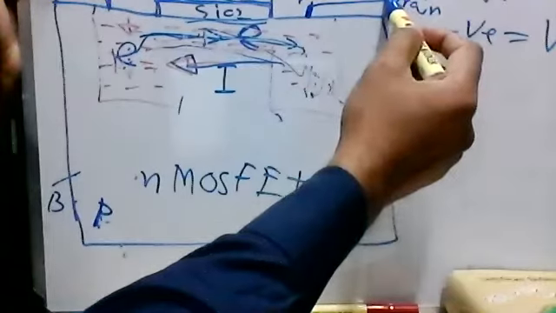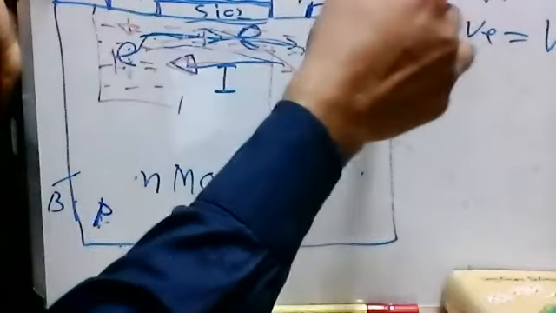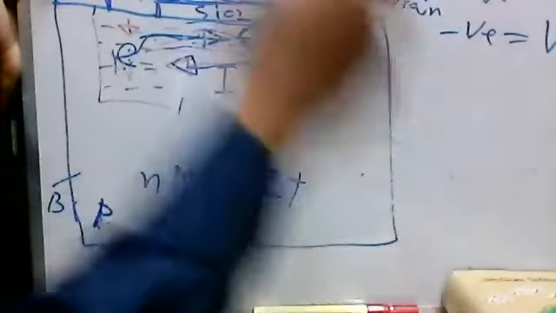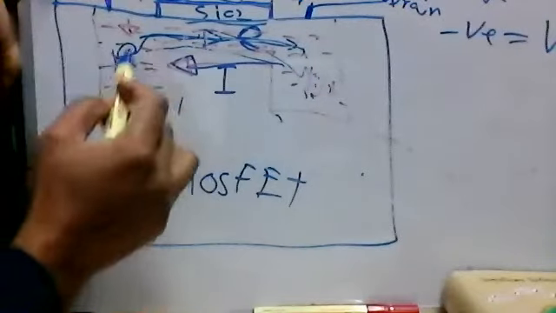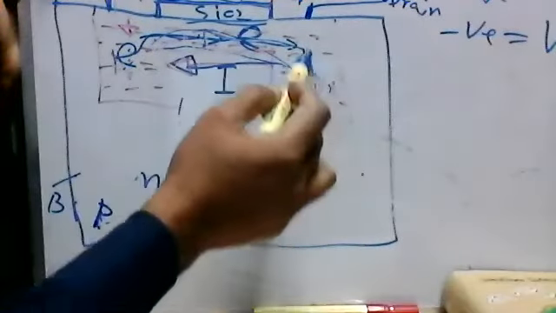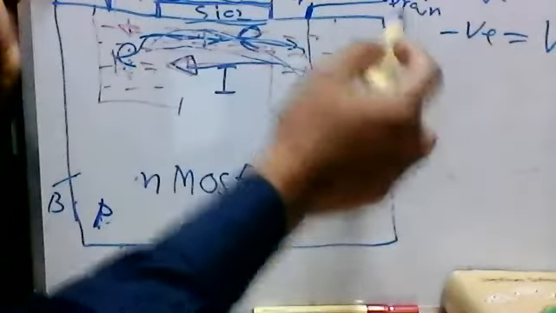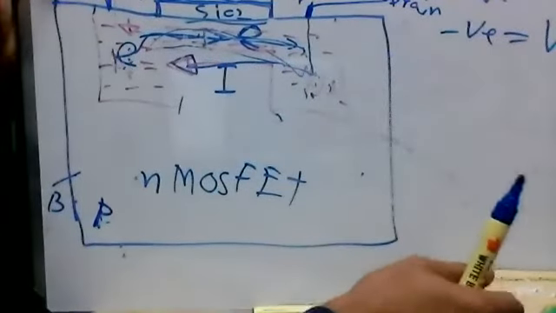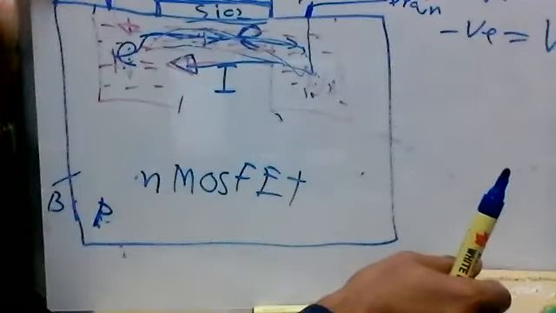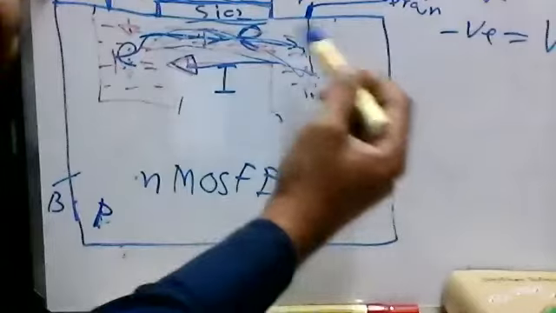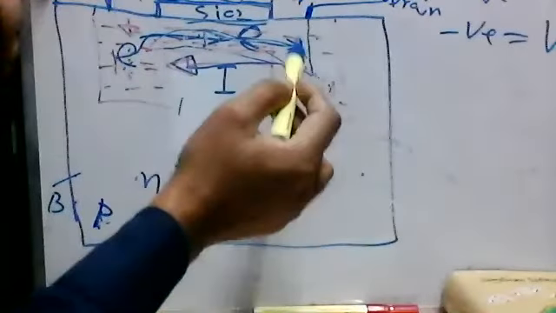Now you see the drain is here. So the electron will go here, to the drain. Now can you tell me what kind of voltage will be at the drain? The electron is coming from here and will go to the drain. So what kind of voltage should we apply at the drain? The positive voltage. Positive, yes. Thank you. It's a positive voltage, because the electrons will be absorbed.